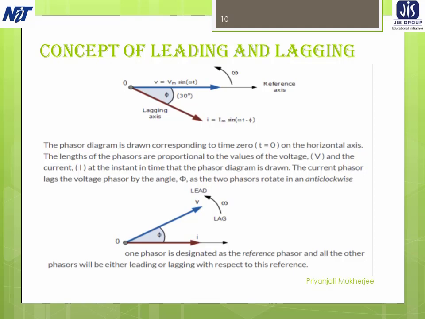Now the current is lagging behind by 30 degrees, so it has been written as I max sine omega t minus phi, where phi is 30 degrees. In a similar way, we can express the current as the reference phasor, and the voltage is leading the current by an angle phi. So one phasor is designated as the reference phasor, and all other phasors will be either leading or lagging with respect to this reference.